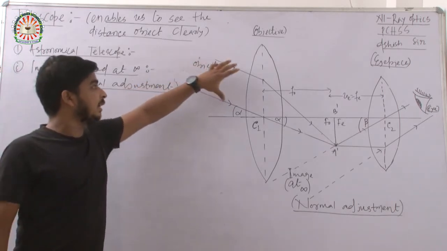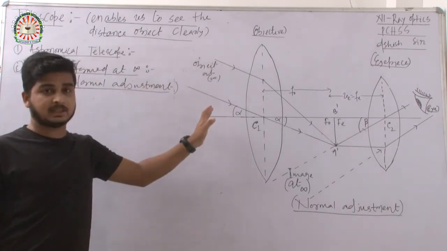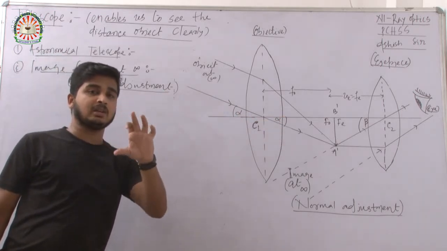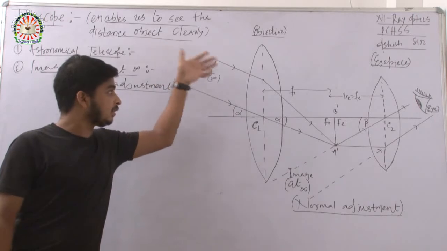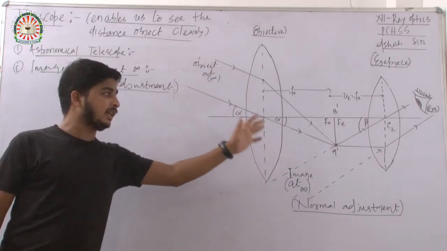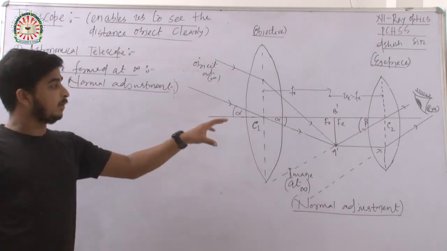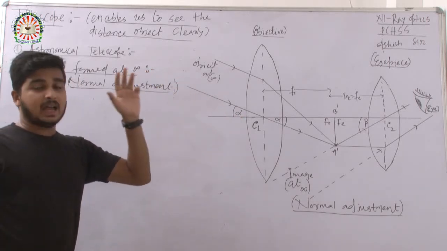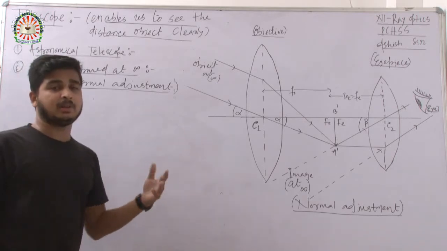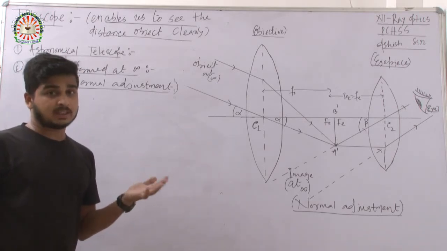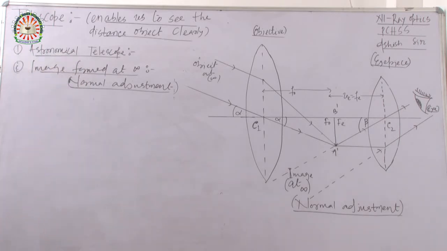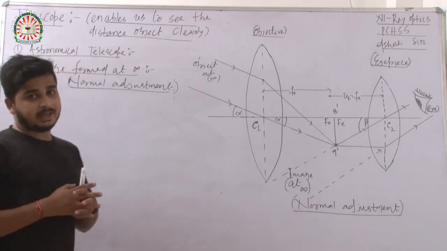We intentionally take parallel rays not parallel to the principal axis because we have to form an image of certain size or height. After refraction they meet at A dash, and this image A dash B dash on the focus of the eyepiece further acts as a virtual object for the eyepiece and forms an image at infinity. So now let's find the angular magnification.